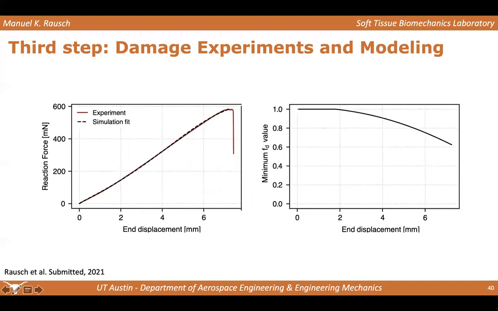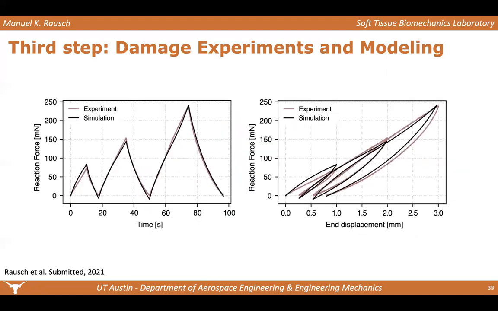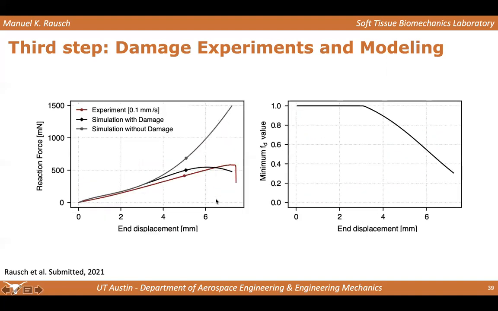To placate the reviewers, we did fit all of the parameters to this curve. And when you do that, you get a really good fit, right? Our model is able to capture this behavior if we identify it just for this one data set. But that was not our goal, right? Our goal was to inform the viscoelastic model without damage. And the assumption here is that we don't have damage up to 30% uniaxial strain, and then inform the damage parameter independently, so basically to decouple that identification.